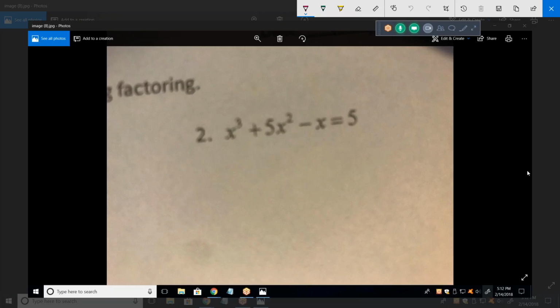You still have to set it equal to 0. Initially, it looks like I could turn this into a quadratic by factoring out an x. But then I'm going to have x times some quadratic equal 5. Well, I can't solve that. I can solve it if something's multiplying together and equaling 0, but I can't solve it if it's equal to a number. So I got to bring this 5 over on the left side.